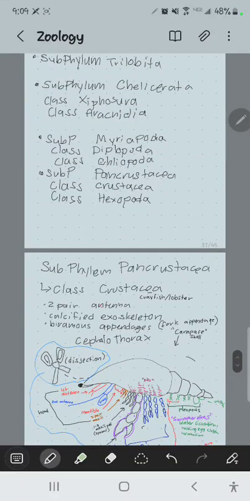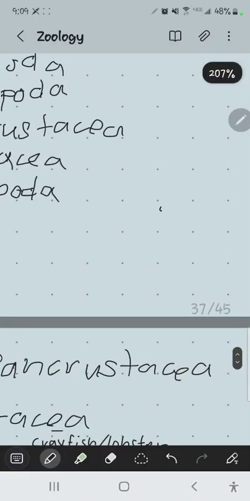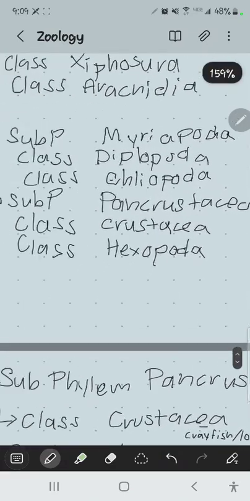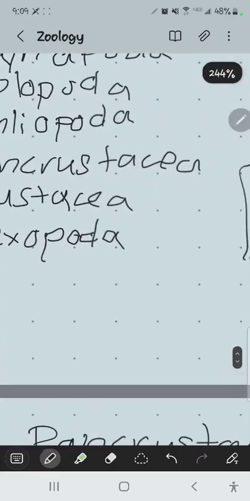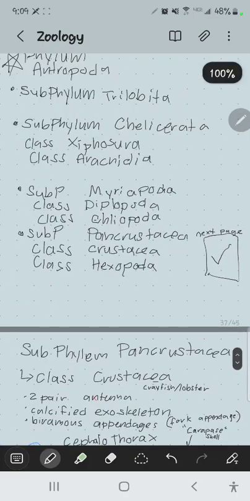And so the definition of an insect is a hexapod that has wings, or at least has evidence that their ancestors had wings. So the term insecta, or insects, refers specifically to winged hexapods. But not all hexapods actually are winged.